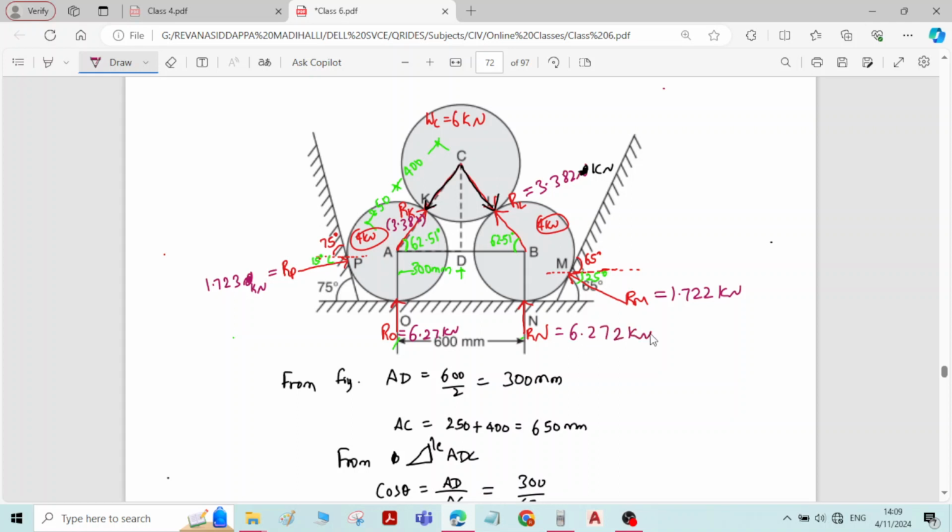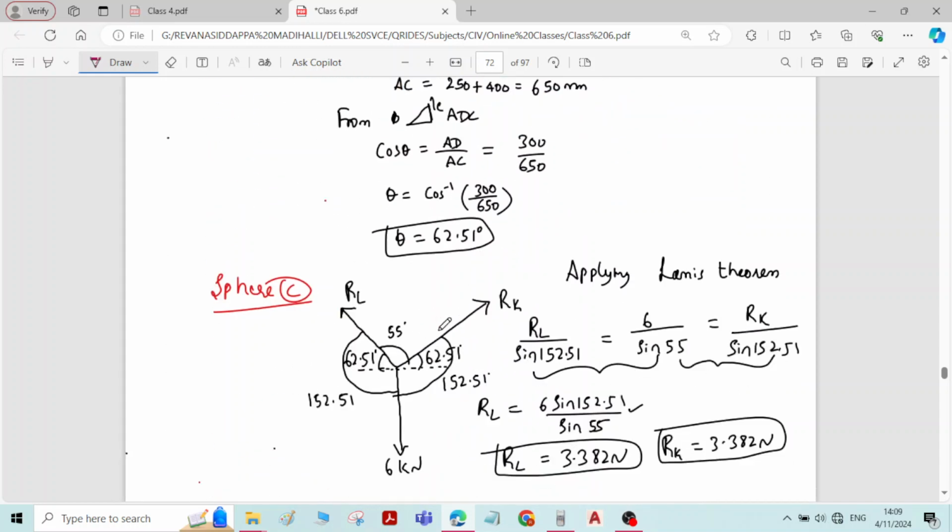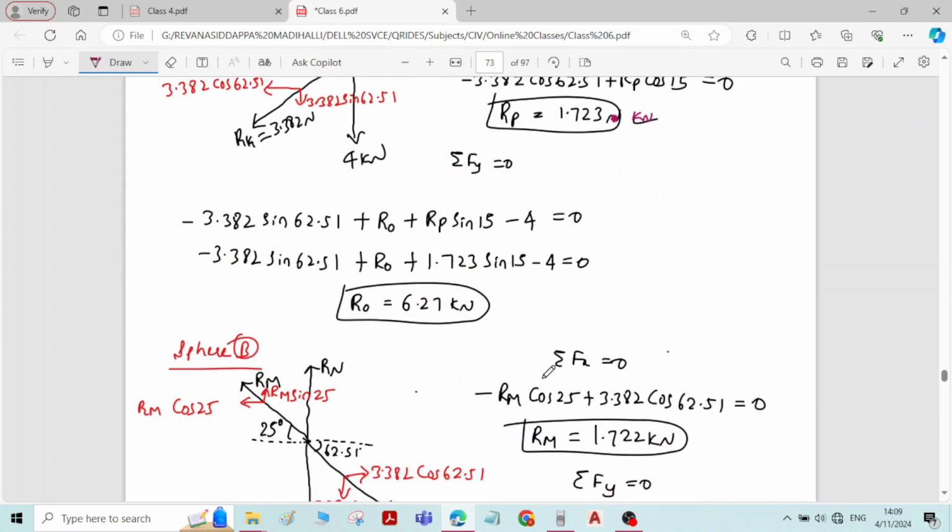So we have determined reactions at all the contact surfaces O, P, K, L, M and N. We got the answers for reactions at all the contact surfaces. So this completes the problem. Thank you.